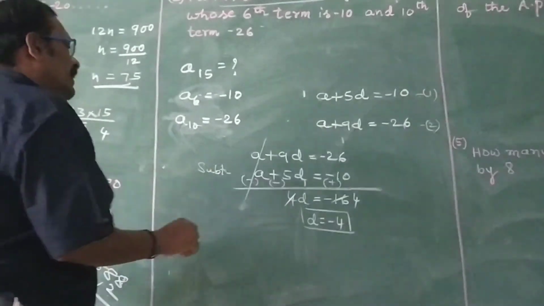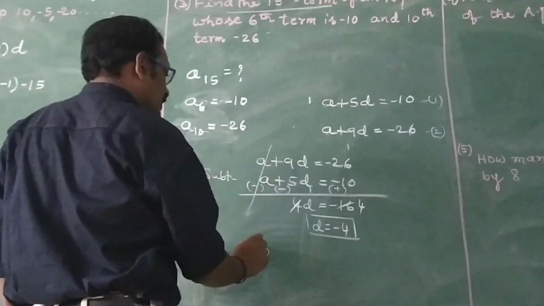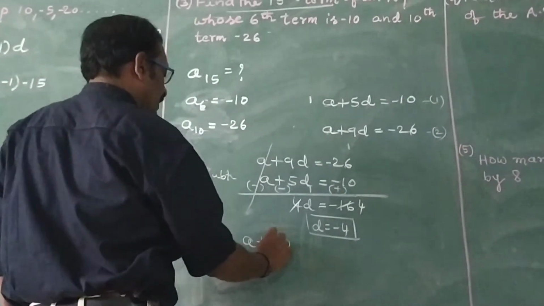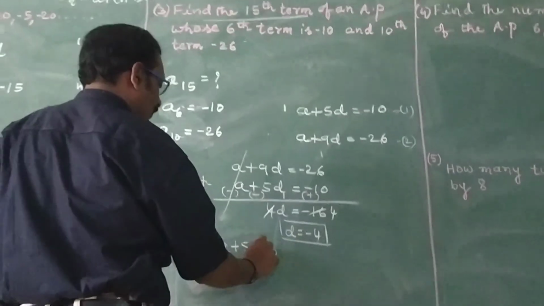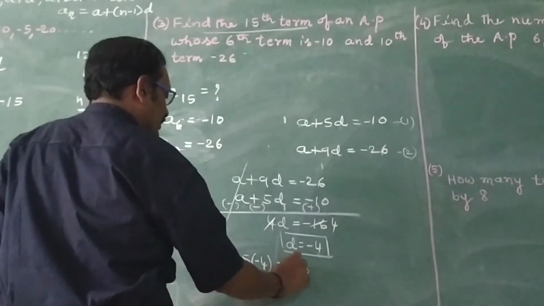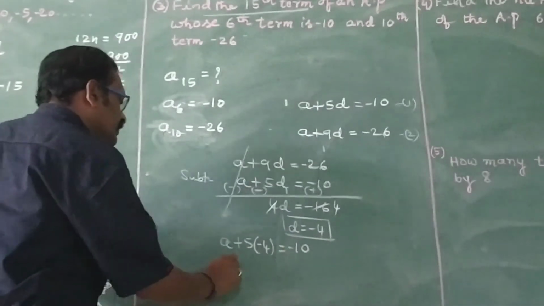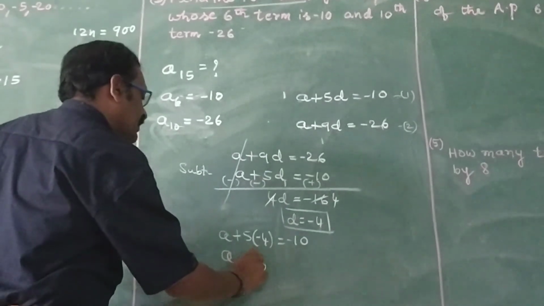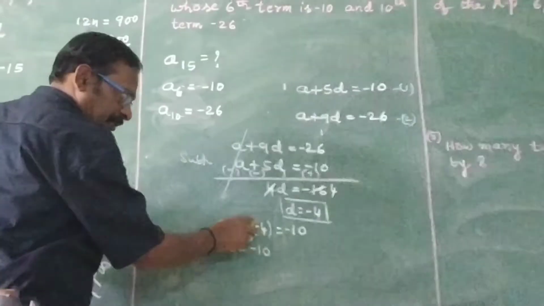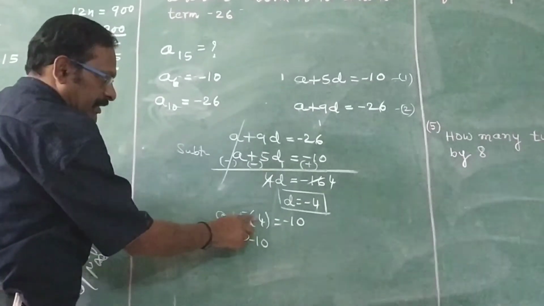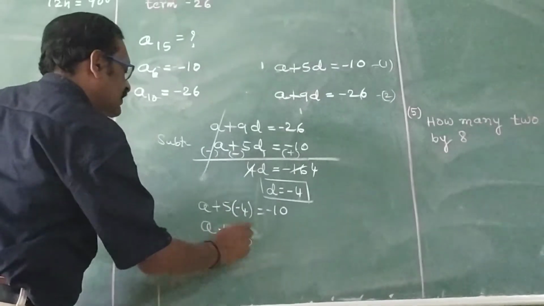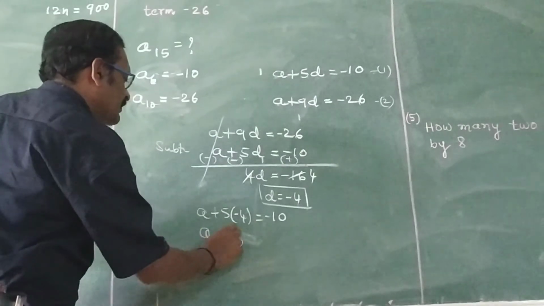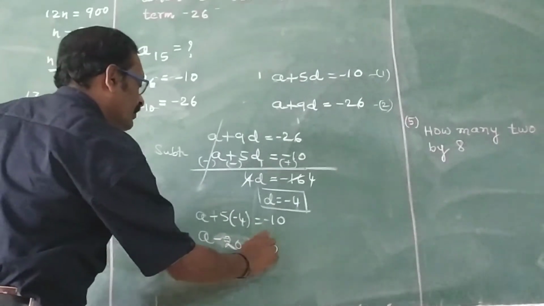Now you take this equation, a plus 5d. I know the value of d, it is minus 4, so a plus 5 into minus 4, that is minus 20, is equal to minus 10.